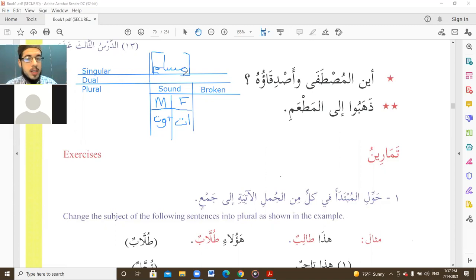It was not altered whatsoever. Not in terms of letters and not in terms of harakat, right? So this is still dhamma. This is still sukun. This is still kasra, etc., etc.